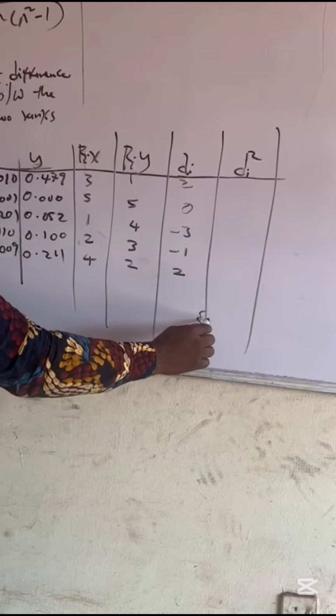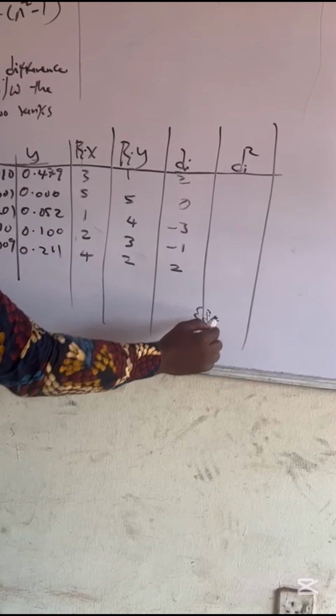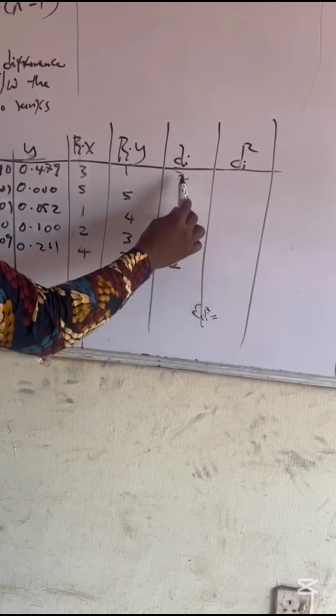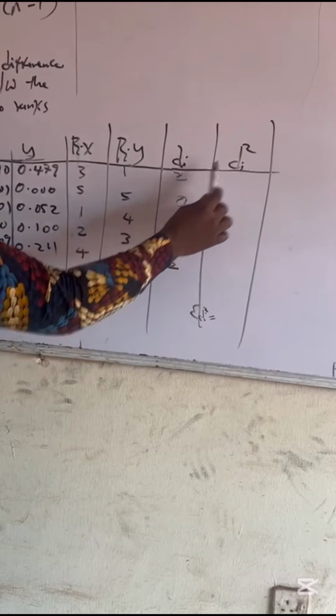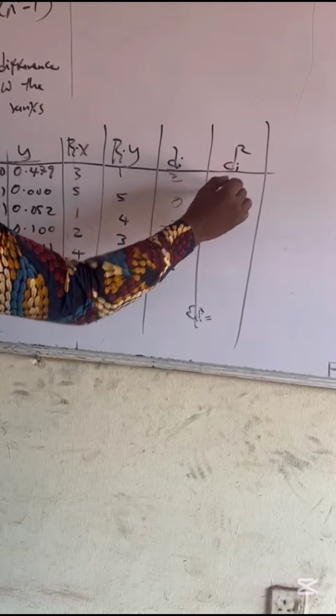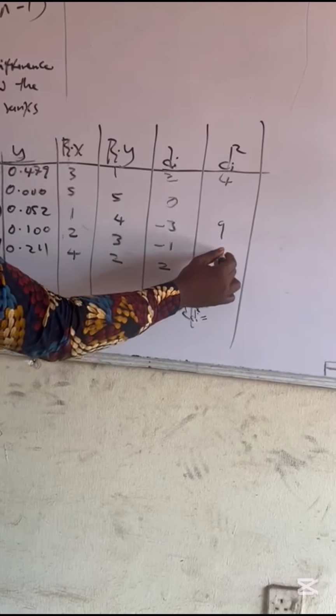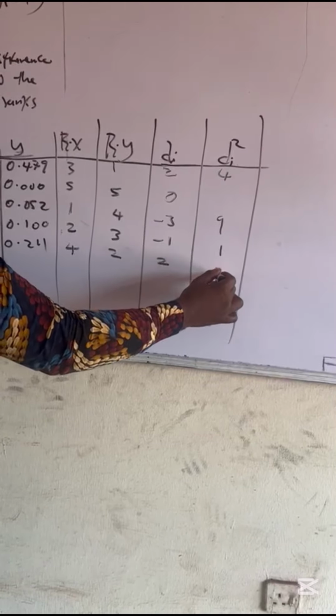So the summation of di squared: di squared, this is what? 4. This is what? 9. This is what? 1. This is what? 4.